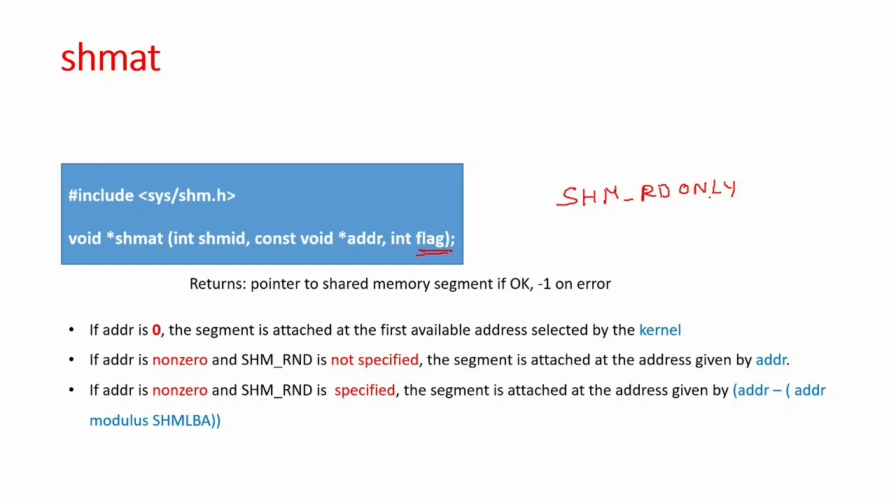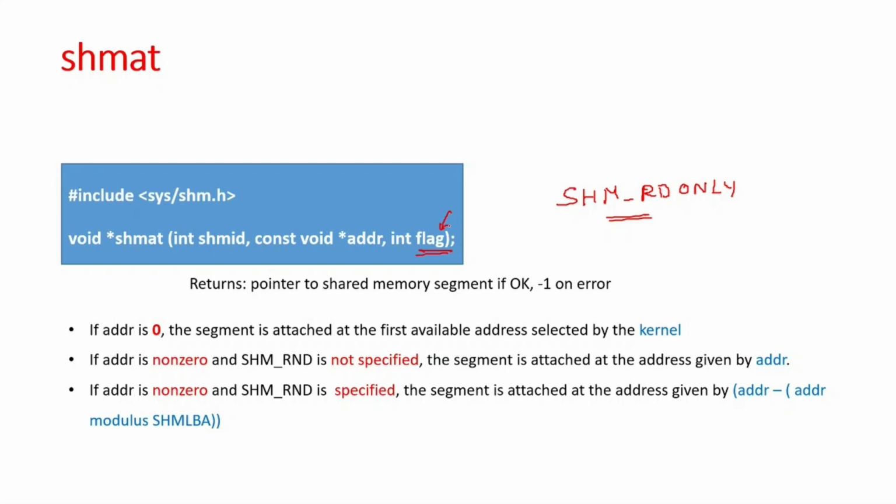So what is the operation based on this flag? If this flag is set, then the segment is attached read only. Otherwise, if it is not set, then the segment is attached with read-write permission. Okay, so this is about the flag.